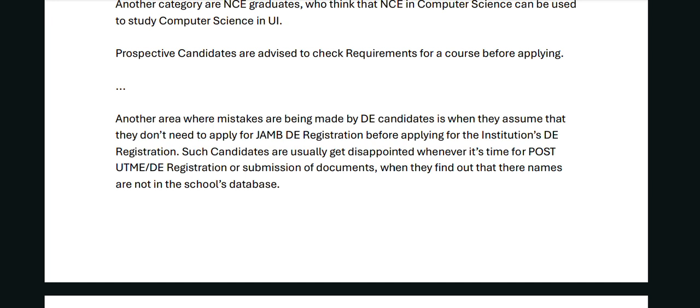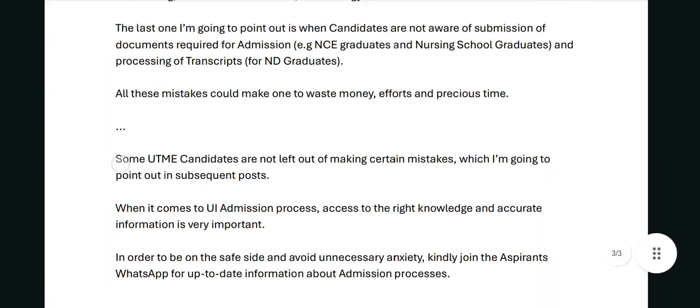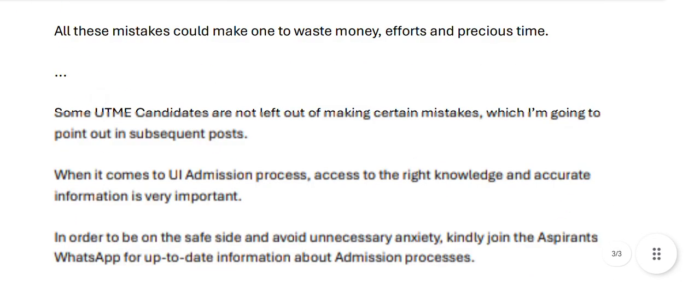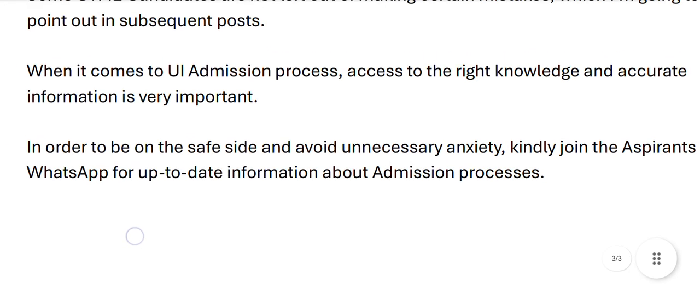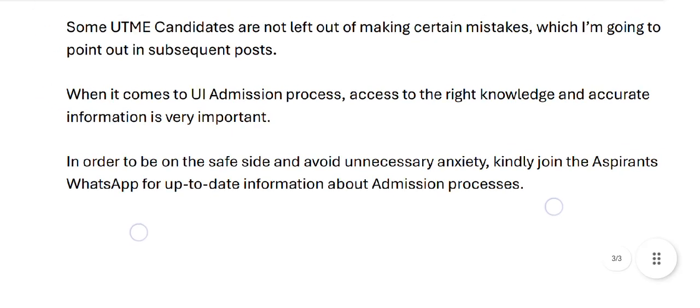The one that I think I left out is the part that you should be aware of information. When it comes to your admission process, access to the right knowledge and accurate information is very important.